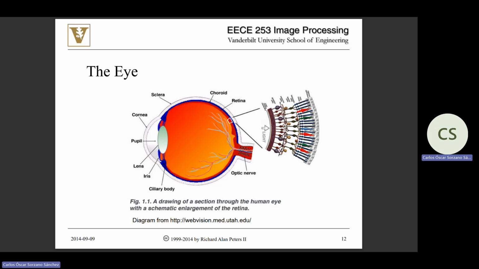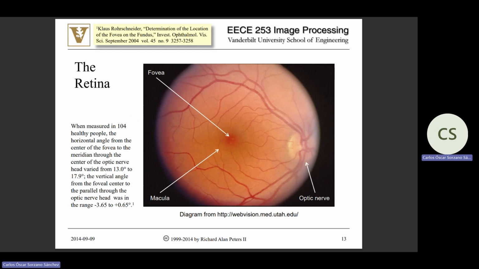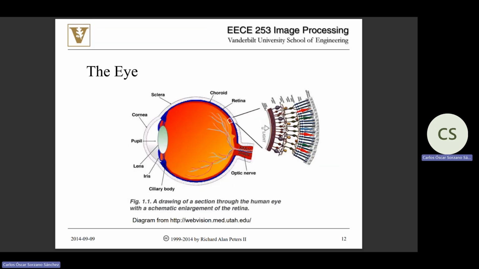These cells get excited with light, and then they transform the light into some electric signal that is connected to some neurons, and then all the neurons are collected here in the optic nerve, and information is sent to the brain. And that means that where the optic nerve is, we cannot have receptors. So the receptors are in this blue thing, or in the red one. So there we don't have receptors.